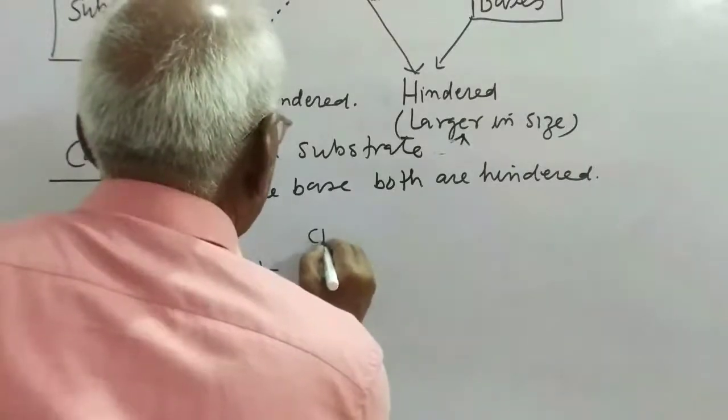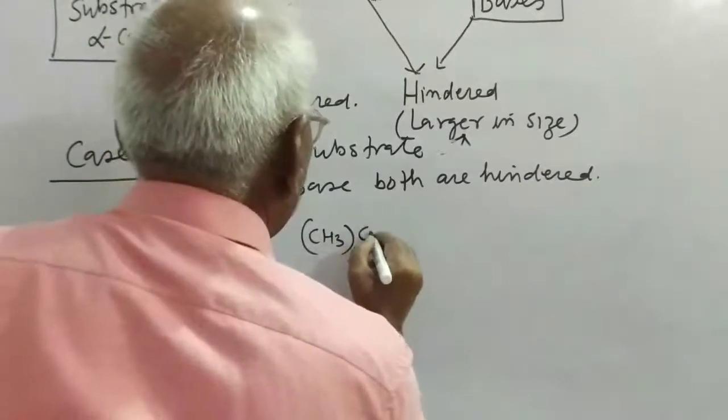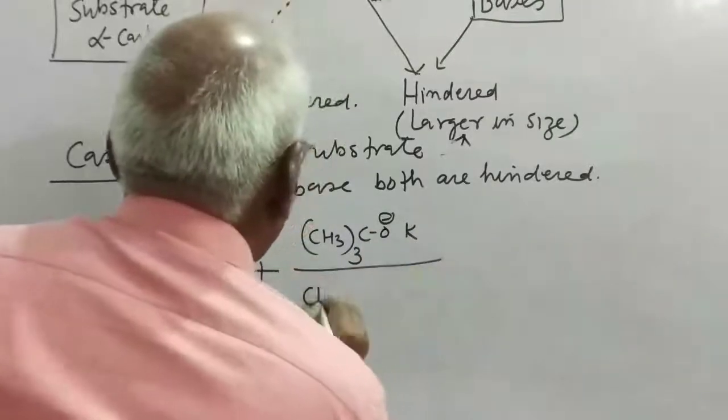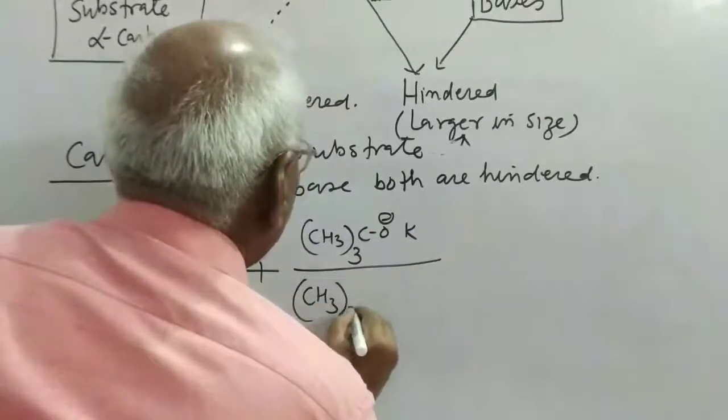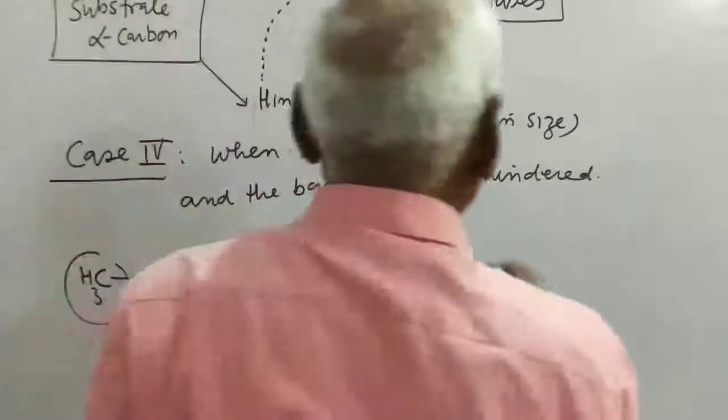So (CH3)3CO potassium butoxide, and solvent is tertiary butanol. E2 is predominating.